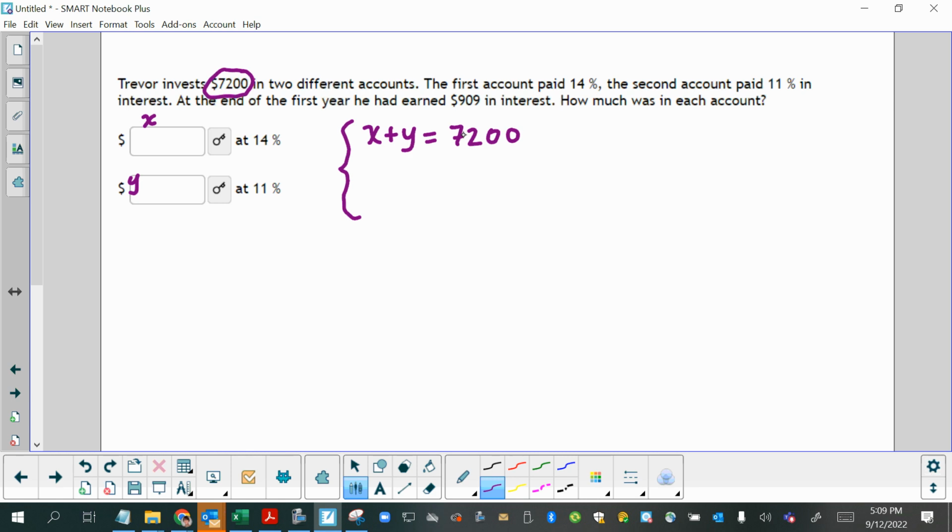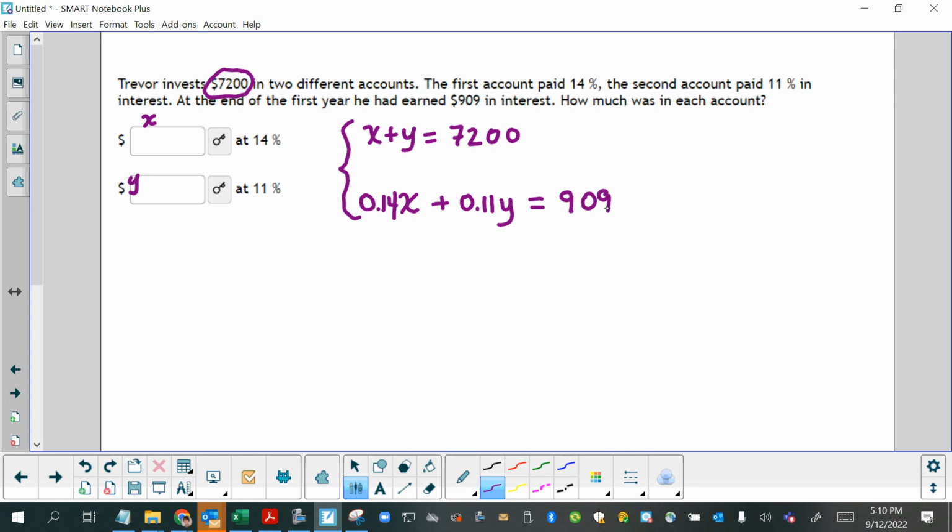So what this means is that if I take the amount that was entered into the first account and multiply it by the 14% interest as a decimal, 0.14, and then I add that to the amount that was put into the second account multiplied by 11% interest as a decimal, 0.11, if I add those quantities together, I will have a total of $909 in interest.